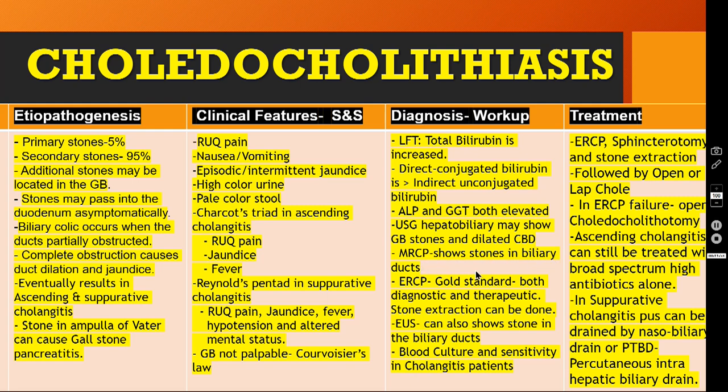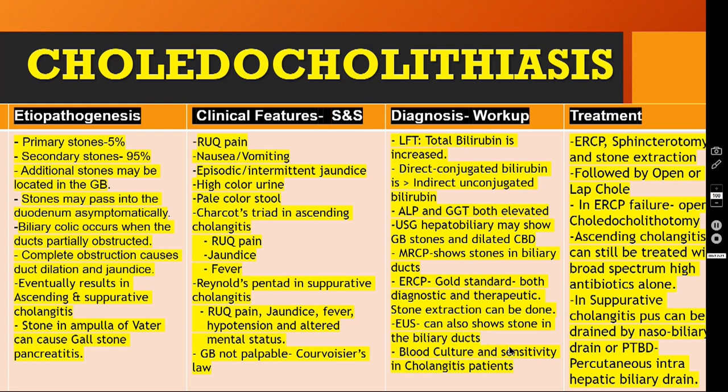But the gold standard investigation is ERCP, which is not only diagnostic but therapeutic as well, whereby doing ERCP, we can also extract the stone from the biliary ducts. You can also do endoscopic ultrasound and find out stone in the biliary ducts.